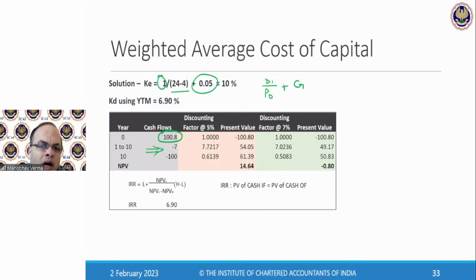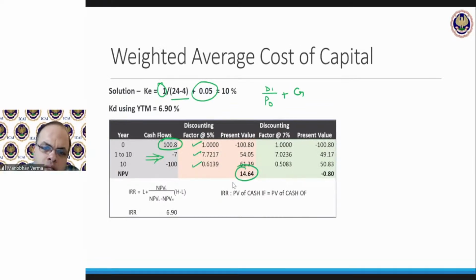So we are discounting them first at the 5%, which will give us a present value of 14.64. And because this is happening, anyone wants to look at probably how and why we are doing this? We discussed this in the last class also.